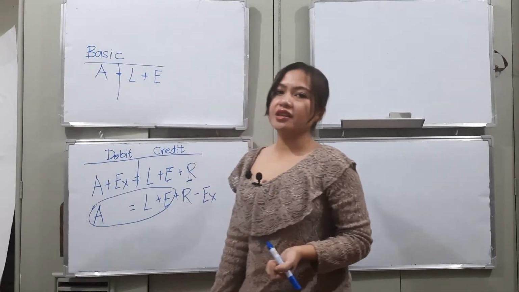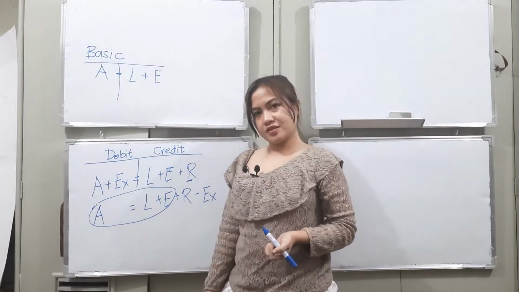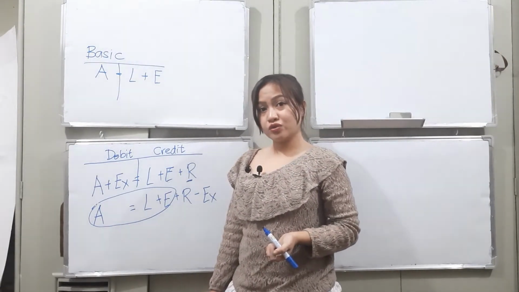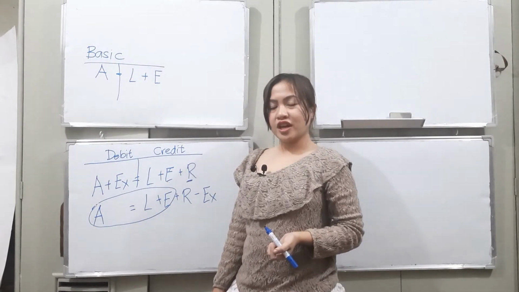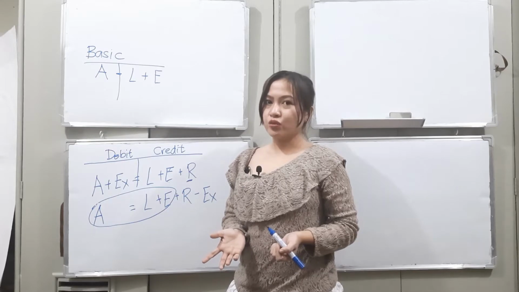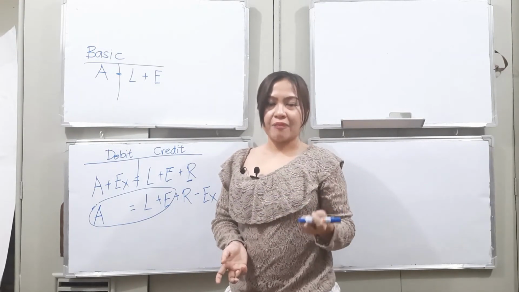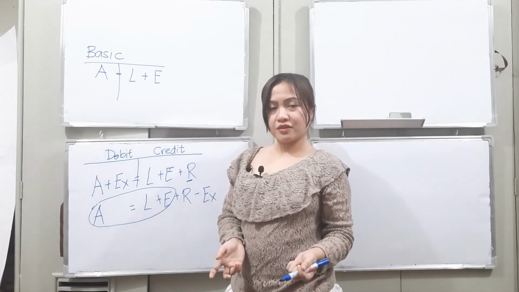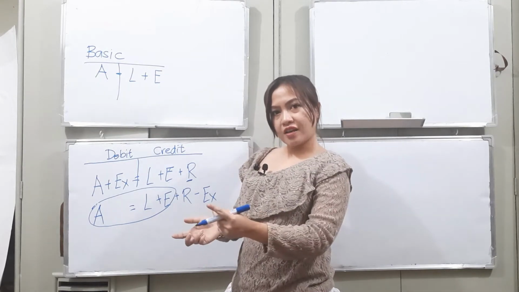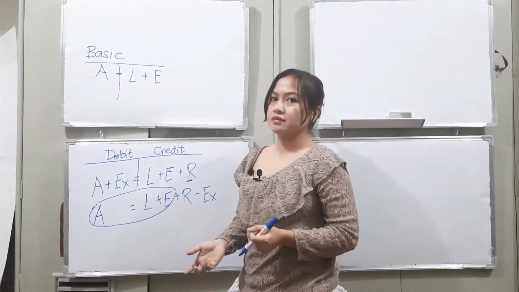Next, prepaid expense. So what is a prepaid expense? Just like your load. What is your load? Unless you have planned ahead, you will go to the sari-sari store. Ate, do you have load? So what you would do, you will pay first before using, that is prepaid expense.